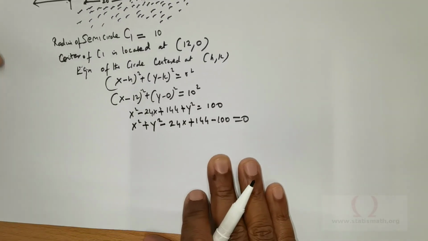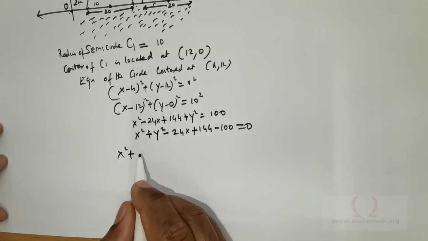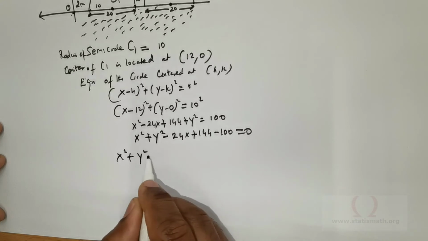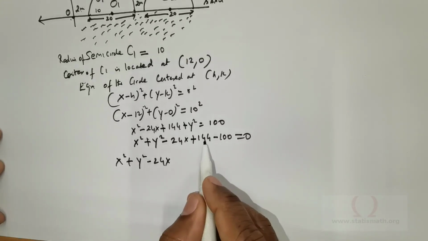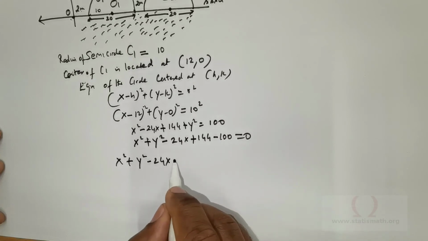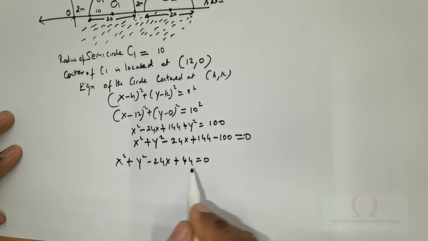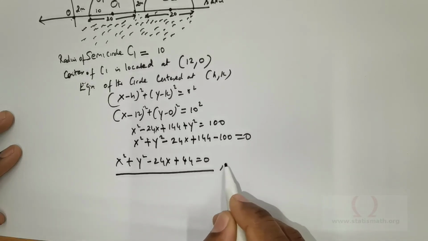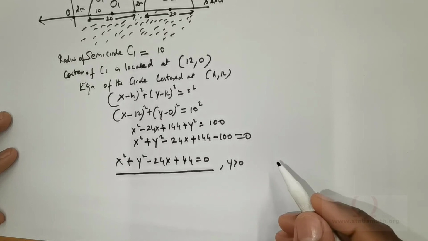This can be further rewritten as x squared plus y squared minus 24x, and when you subtract 144 minus 100, you get plus 44 is equal to 0, where y is greater than 0. So this is for the first semicircle.